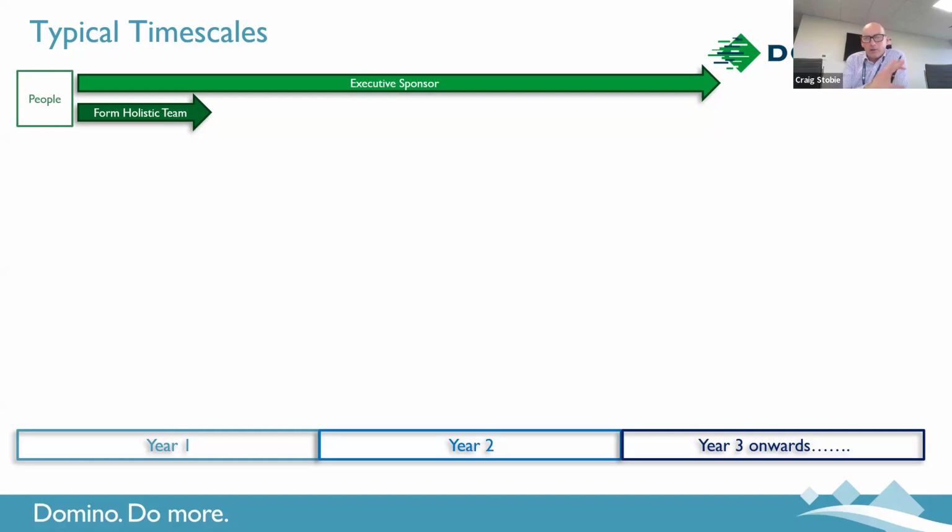And hopefully this chart will give a little bit. It's illustrative, so please don't take it as a Gantt chart. It is really just illustrative of the sort of things that we need. It's important to start with the right people. Senior sponsorship is fundamental, but also a team made up of holistic business functions across your business.